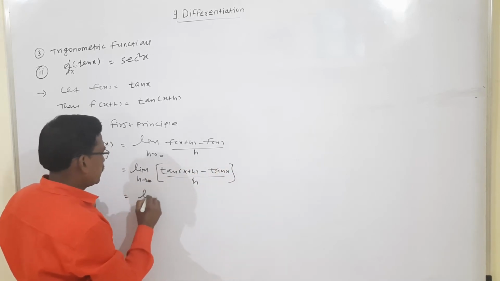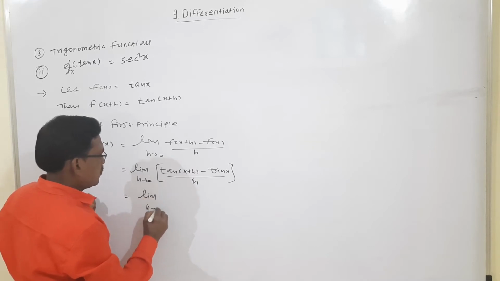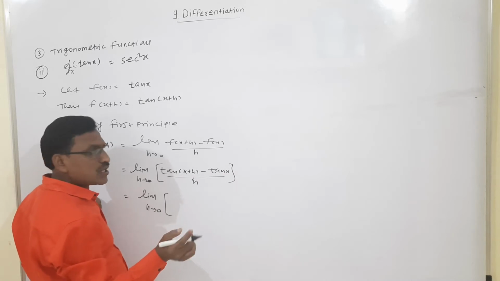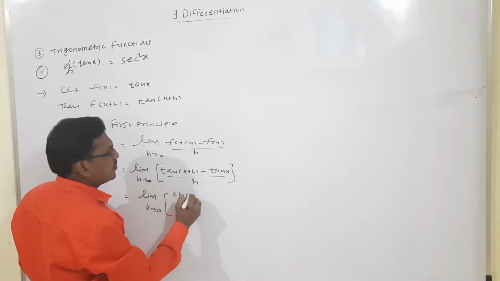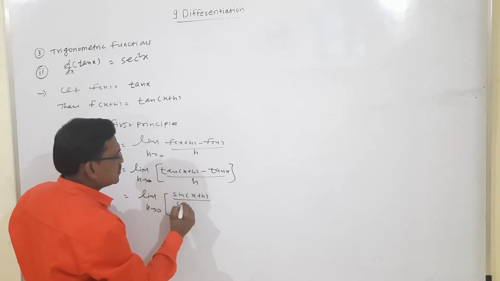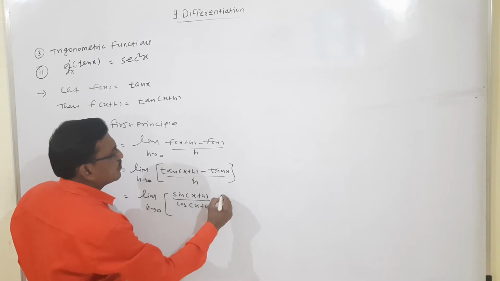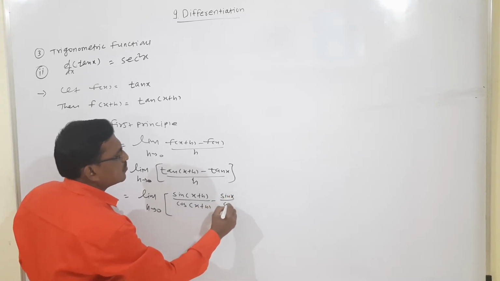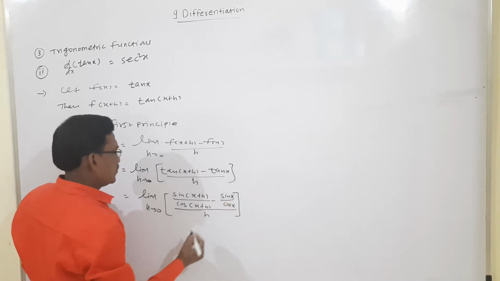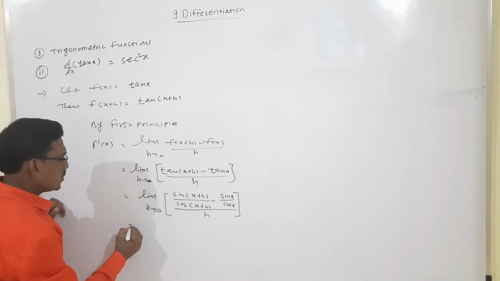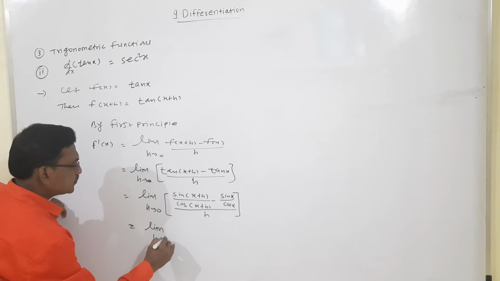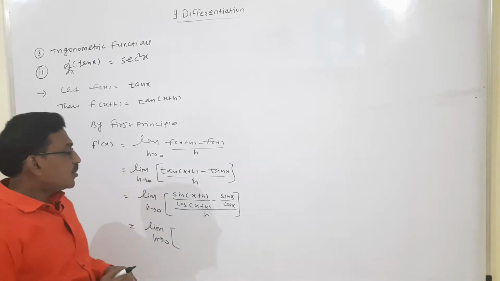Now we write tan as a ratio of sine and cos. That's why we write sine of x plus h upon cos of x plus h, minus sin x upon cos x, whole divided by h. Now in the numerator here, take cross multiplication and LCM.